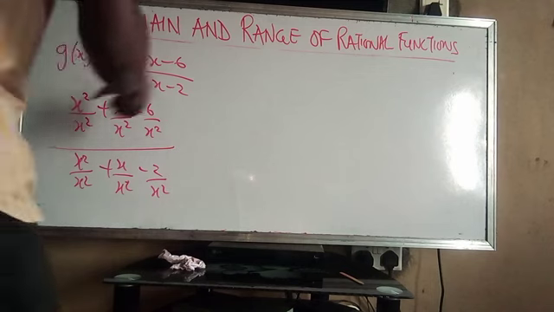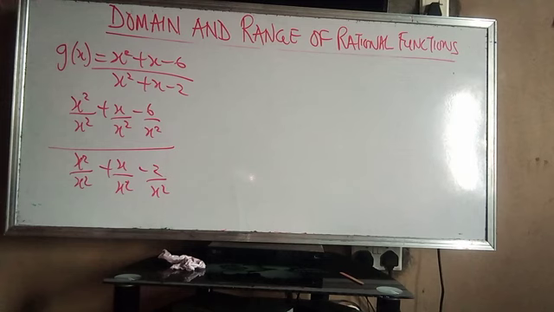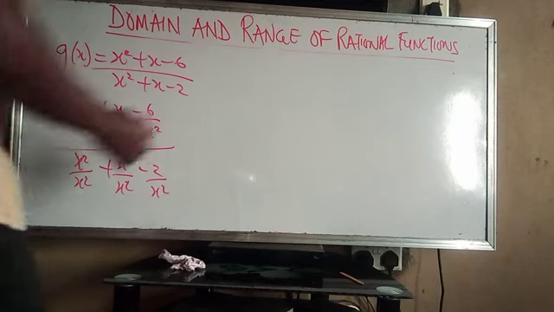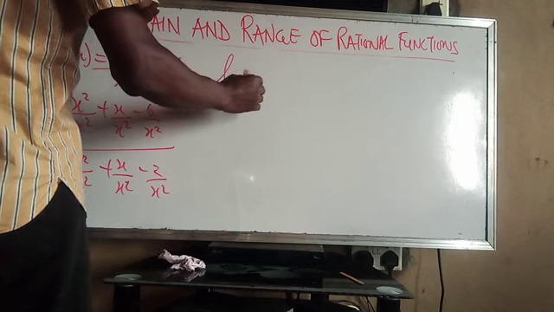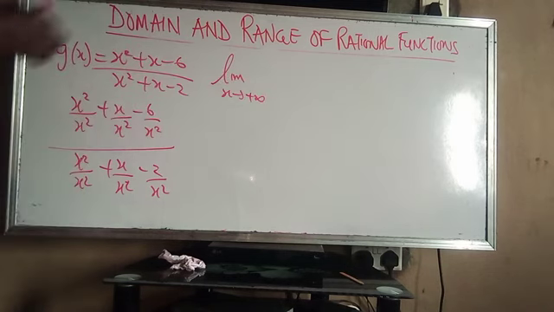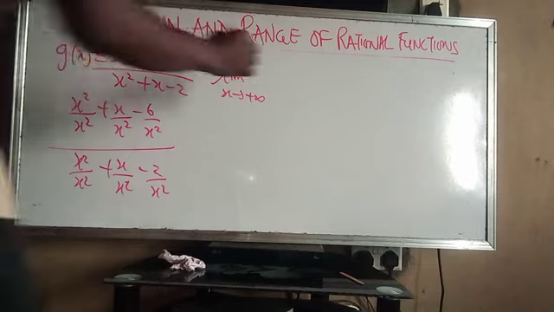Now we're trying to find the limit as x tends to infinity. That's the procedure: whenever you are dividing by the highest degree of x, it means you are finding the limit as x tends to infinity. That is, limits as x tends to plus infinity or minus infinity. All this is the same. So that will be what?